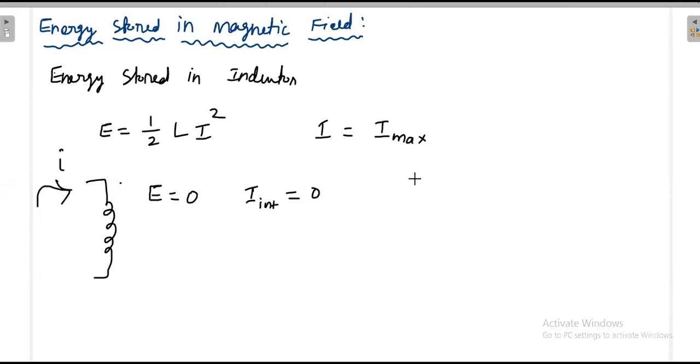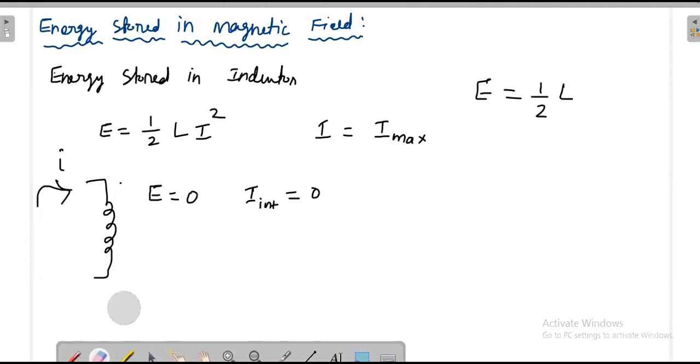The energy in the inductor is 1 by 2 L i square, and instead of I, I can put I of t, because current itself depends on time.